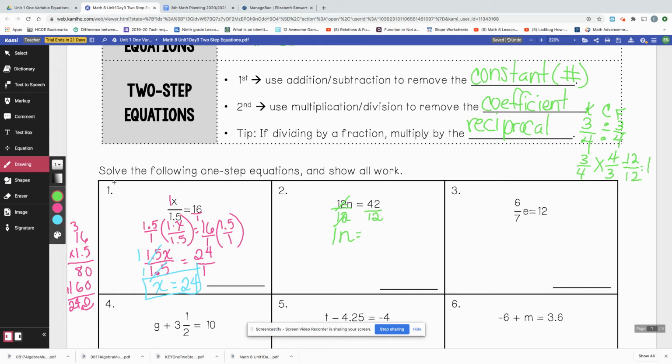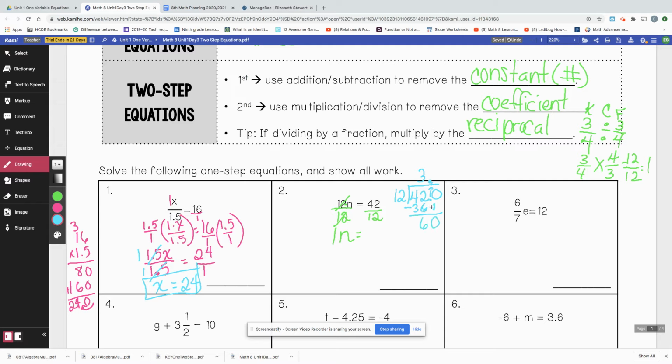42 divided by 12. Well, let's check out our long division skills. 42 divided by 12. Put my decimal right there. How many times will 12 go into 42? 3 times. 3 times 12, 36. Put 0 there. If I take 36 from 42, I have 6.